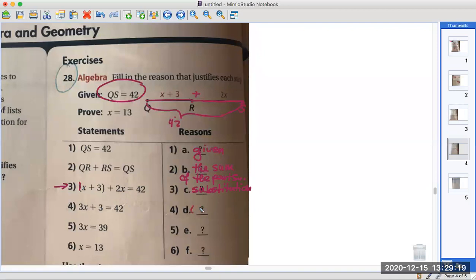That's called combining like terms, which I tell you guys sometimes when I walk around looking at you solving equations. That's something a lot of you do not do correctly, or you forget. You always want to combine your like terms before you move on so that it's shorter. Then we subtract 3. Subtraction property.